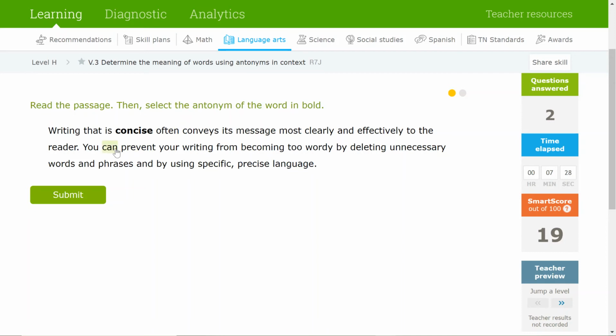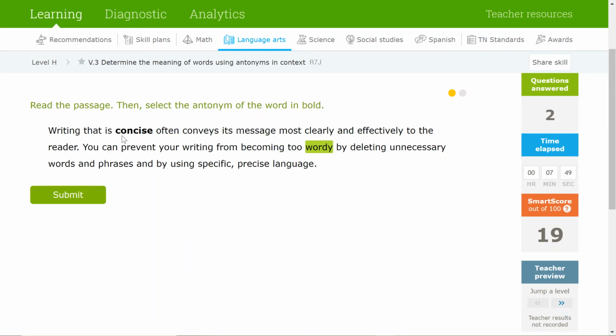The opposite of how we want it is what we want to prevent, so we're trying to prevent it from becoming too wordy by deleting unnecessary words and phrases. So I'm going to say wordy is the opposite of concise because it's set up as kind of your writing can either be concise or it could be wordy.